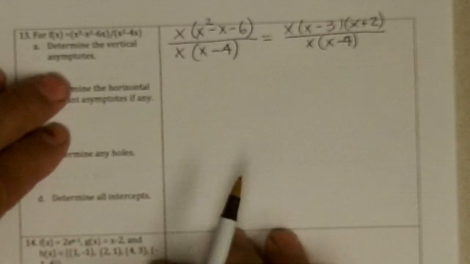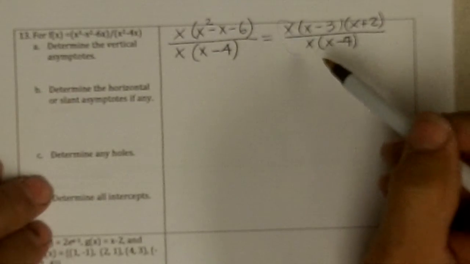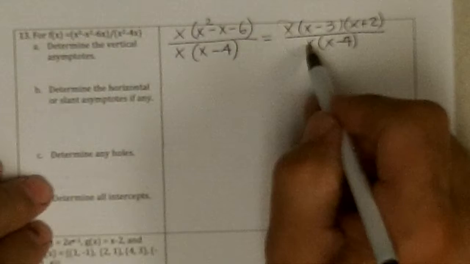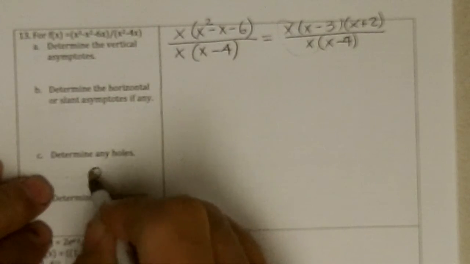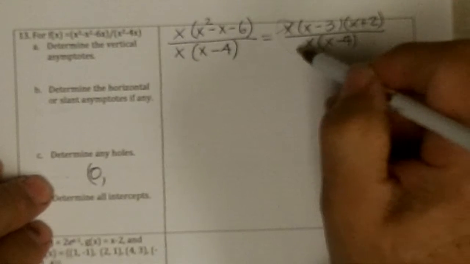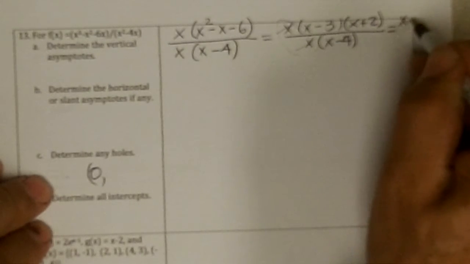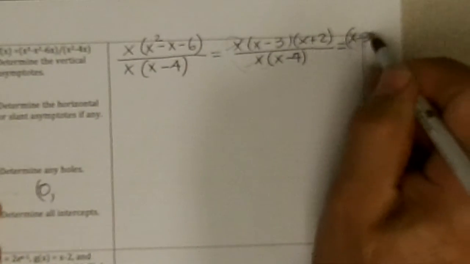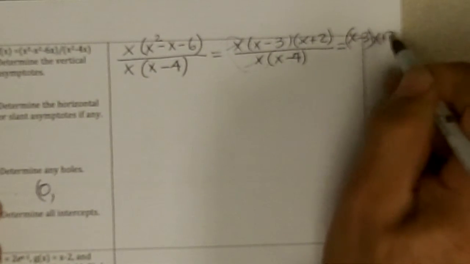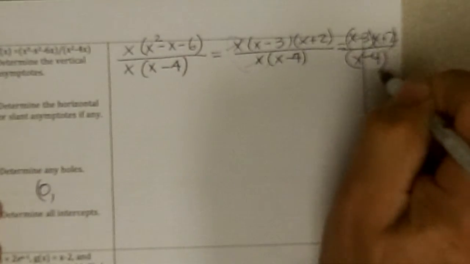So, vertical asymptotes. Well, we see these match up, so we have a hole, and that's at x equal 0. And then if we reduce this to something that looks the same but without the hole, that's x minus 3, x plus 2 over x minus 4.